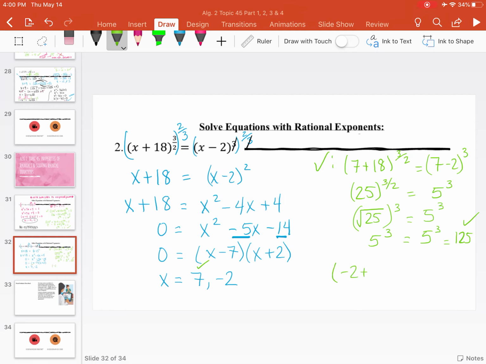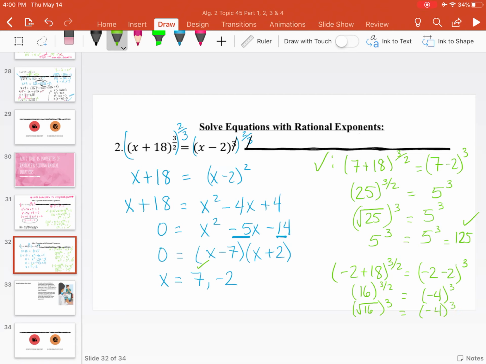Negative 2 plus 18 raised to the 3 halves power equals (negative 2 minus 2) cubed. Negative 2 plus 18 gives me 16 to the 3 halves, should give me negative 4 cubed. Now 16 to the 3 halves, that is the same thing as the square root of 16 cubed.